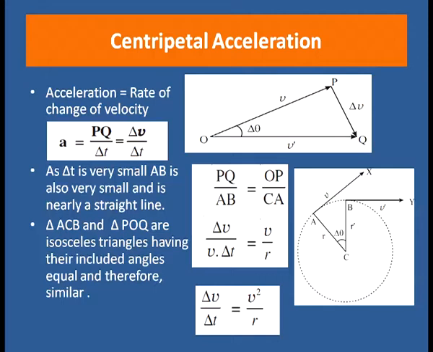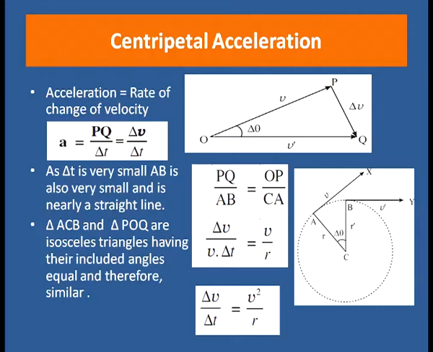Triangle ACB and triangle POQ are isosceles triangles having their included angles equal, and therefore these two triangles are similar. For these two similar triangles, we can write PQ divided by AB is equal to OP divided by CA.